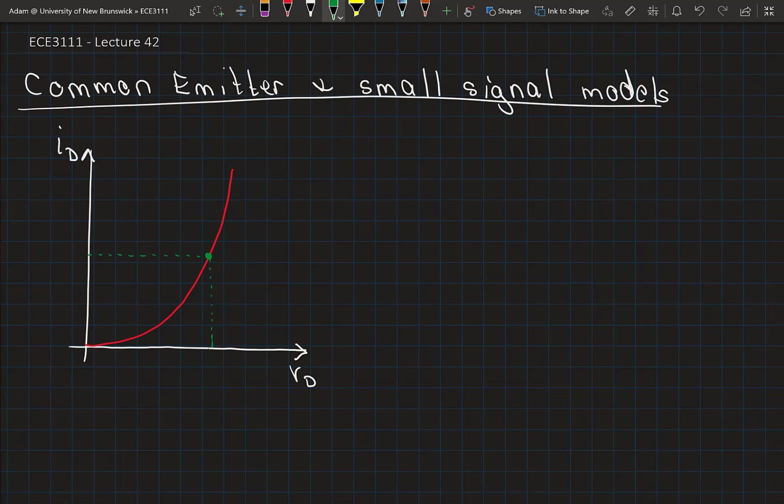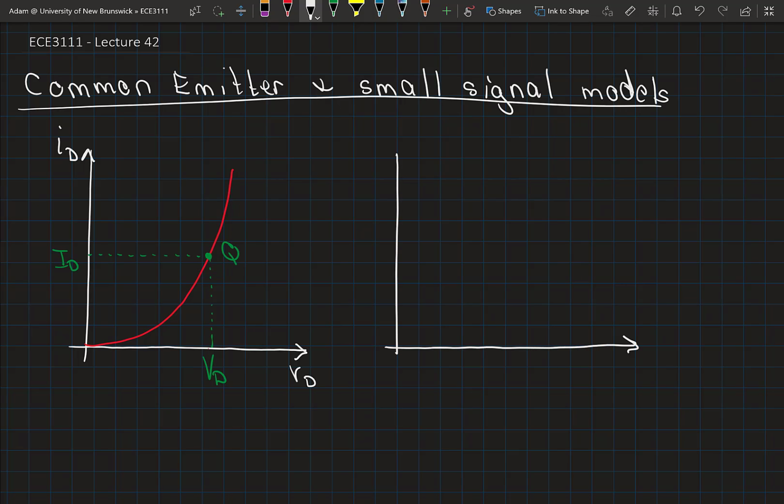We biased the diode to operate at some operating point defined by the DC applied voltage and the resulting DC diode current.